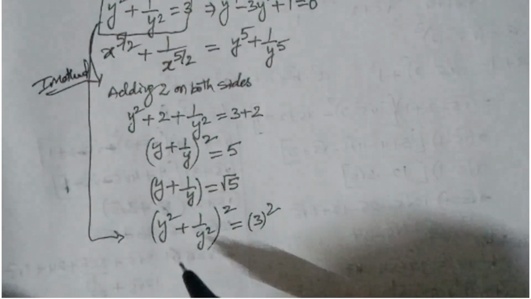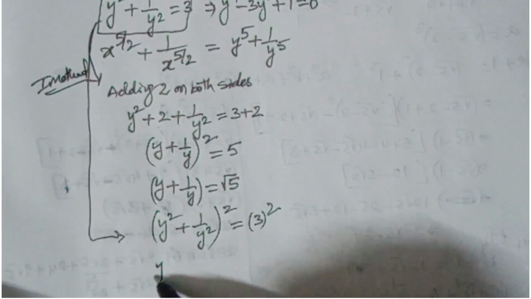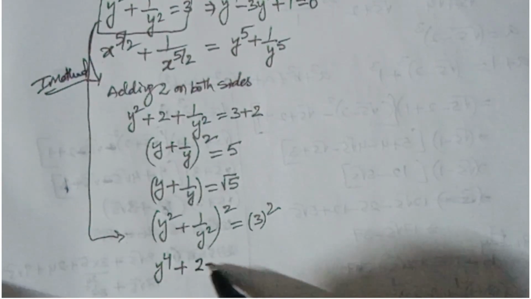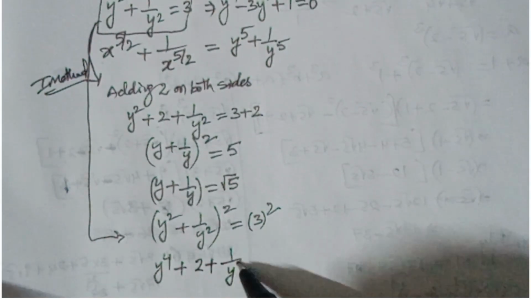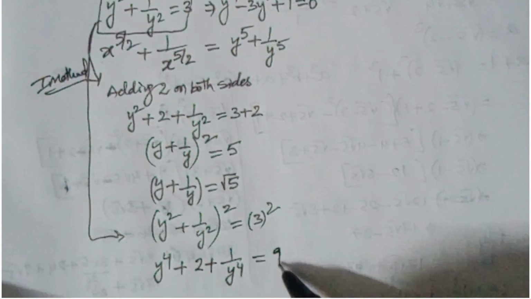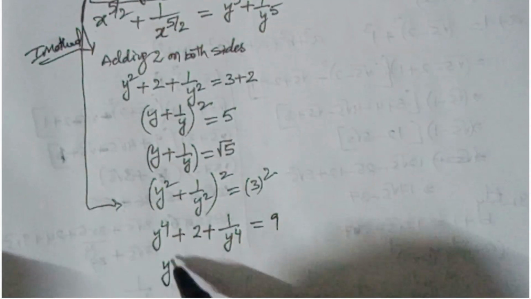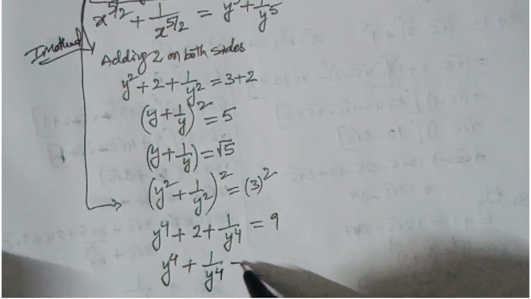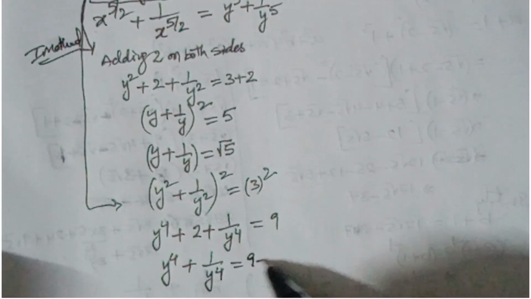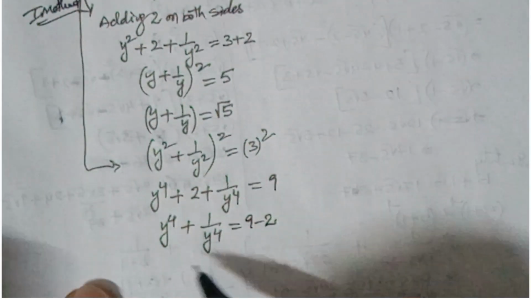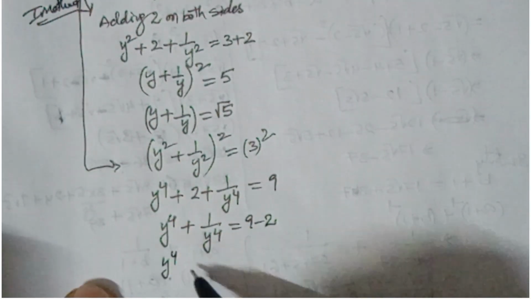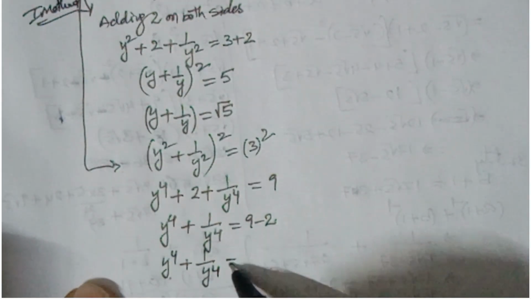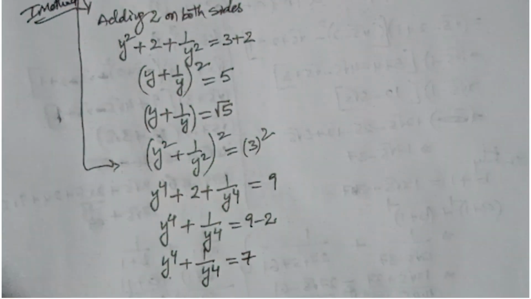So here what you are getting, y to the power of 4 plus 2 plus 1 by y to the power of 4 is equal to 9. Y to the power of 4 plus 1 by y to the power of 4 is 9 minus 2. So y to the power of 4 plus 1 by y to the power of 4 is equal to 7.